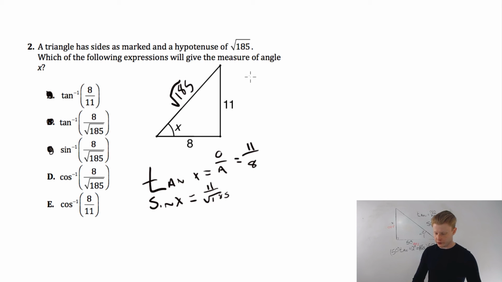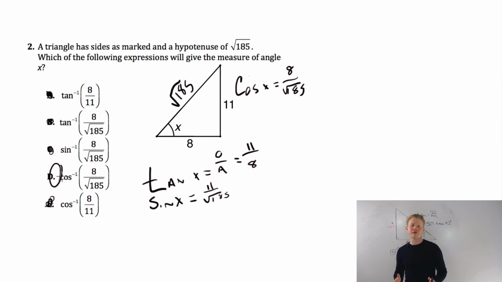Cosine of x is adjacent, 8, over the square root of 185. What I mean by clever about it is you know that square root of 185 should be in the denominator. That leaves us with letter D.